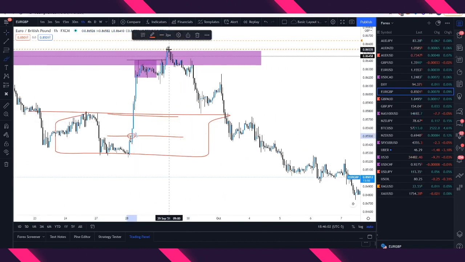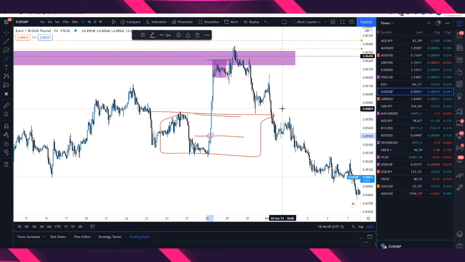But that's where I was looking to sell this back to. So, not only is it important to have your entry, but also your exit. You want to have a plan before entering. You want to have a plan to get out. A lot of the money is going to be made in managing, taking profit, not just your entry.